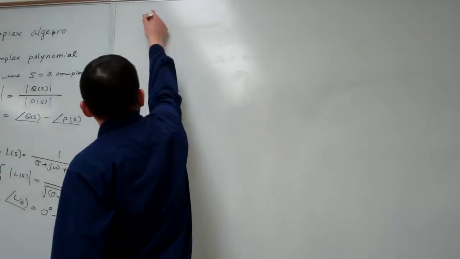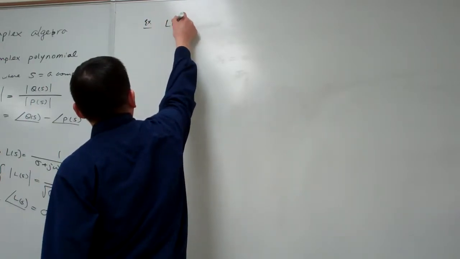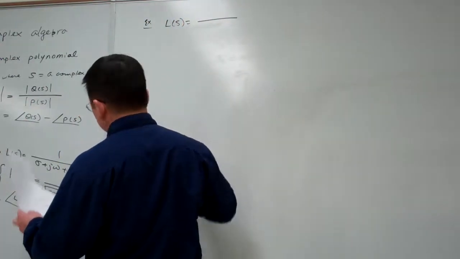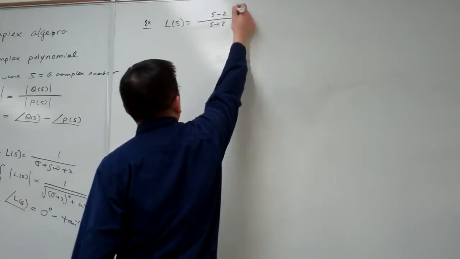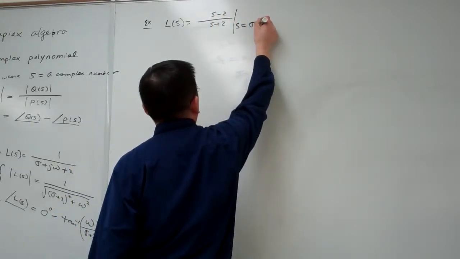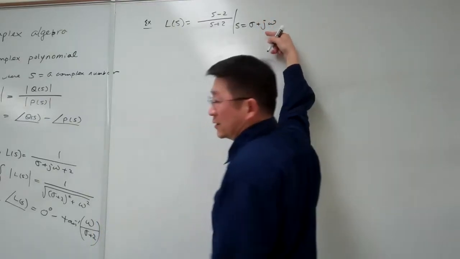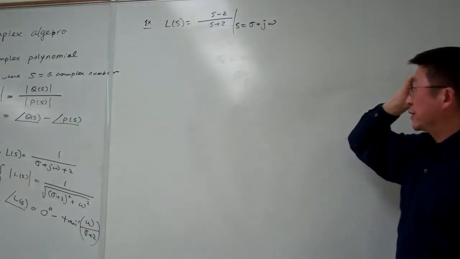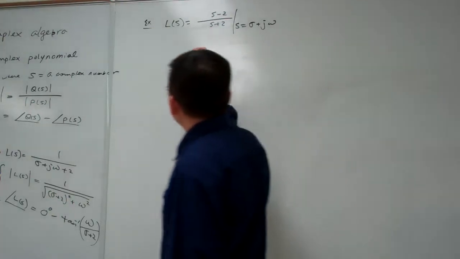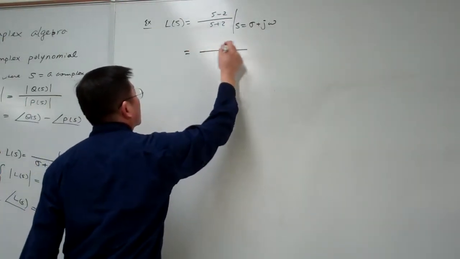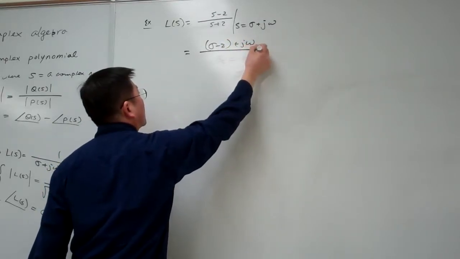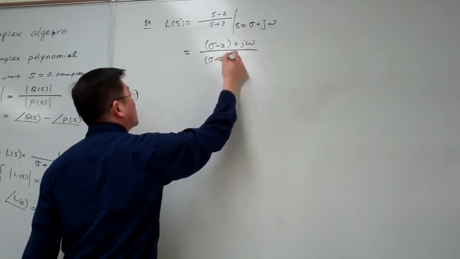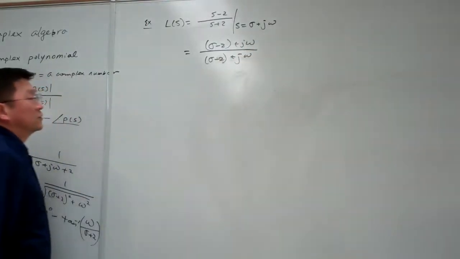Then we can look at another example, S minus 2 over S plus 2. Again we let S equal the parametric expression of the complex number. This one will be sigma minus 2 plus J omega, and this is sigma plus 2 plus J omega. We simplify it.